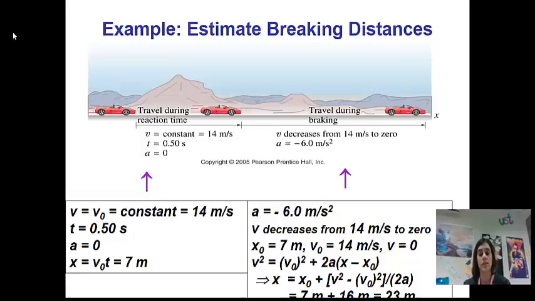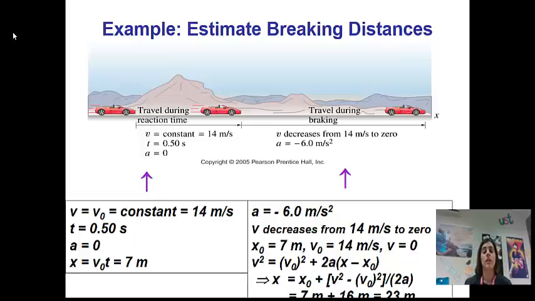Okay? Braking distances, this is another example that would be really important for like car accident investigations, because if you look at skid marks and such, this can be helpful. Okay? So if we're moving at a speed of 14 meters per second for half a second, so the acceleration is 0 if our speed is constant, we've traveled a total distance of 7 meters in that half second.